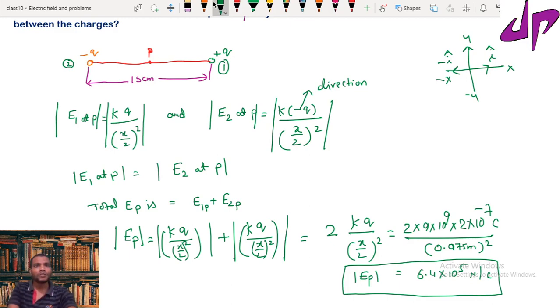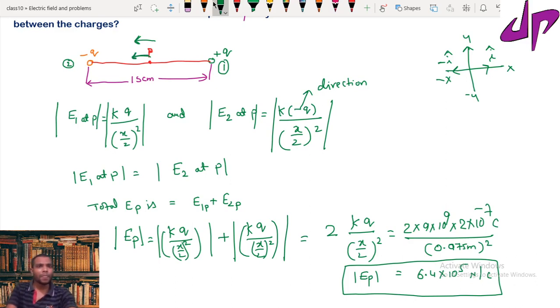If I bring a positive test charge at point P here, since it's positive, the resultant electric field is along this direction due to plus Q charge. And if I bring a positive test charge at point P here, due to the negative charge, that is also along this direction.